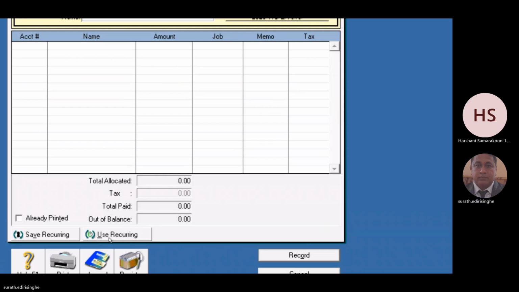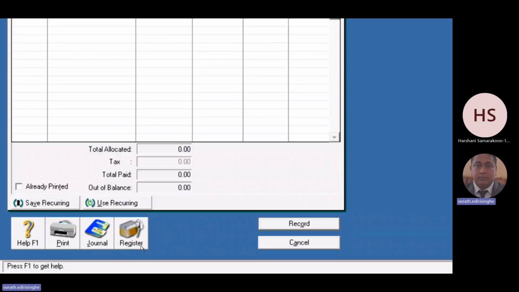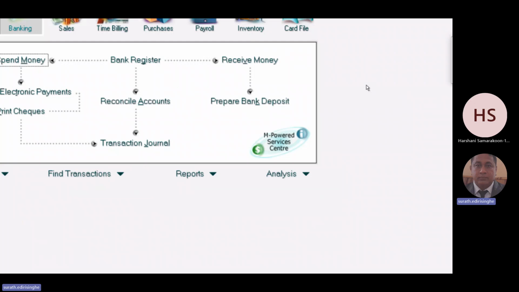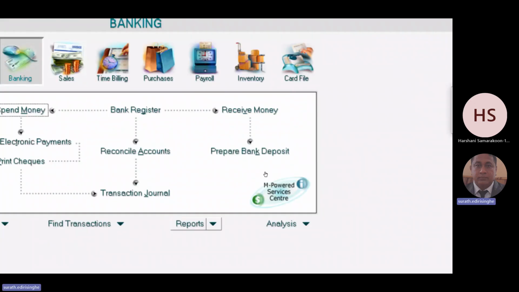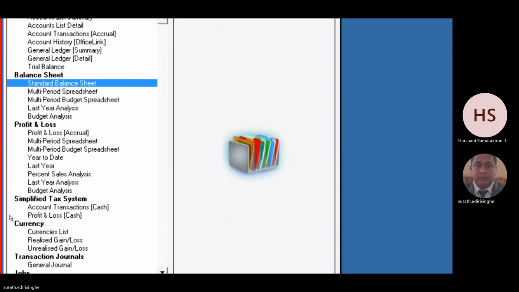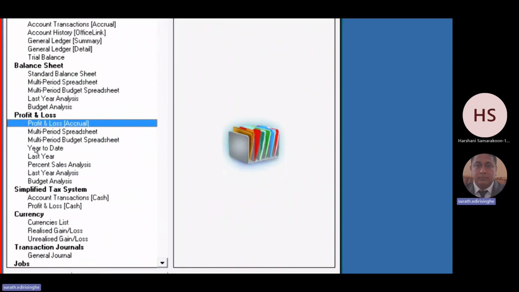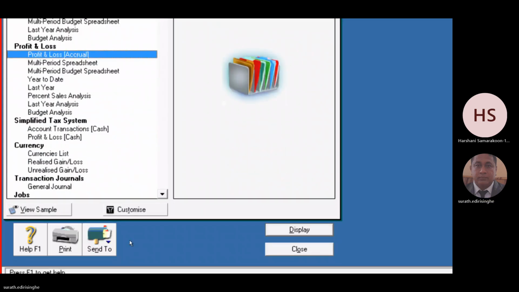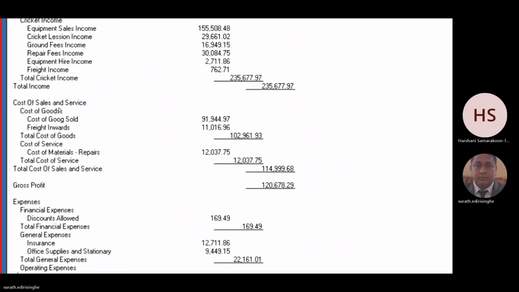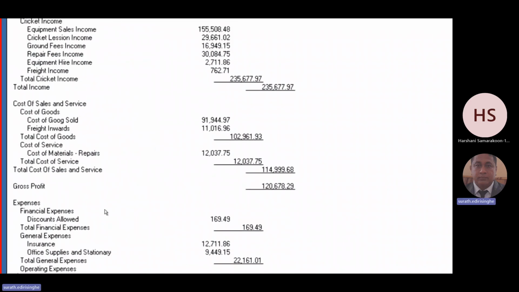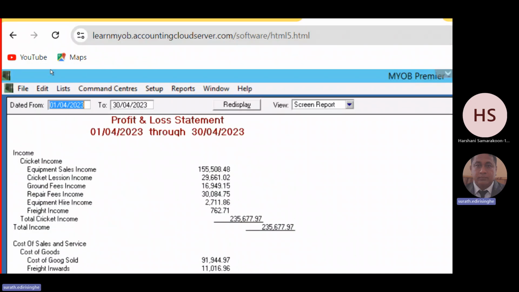Right. Look at the impact of this transaction. Reports, accounts. Go to the profit and loss account, display. Now 12,000 is debited in my P&L. Which month? Month of April.